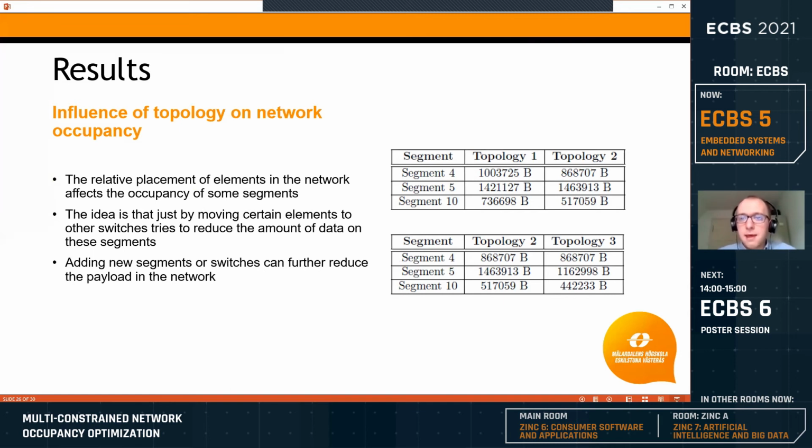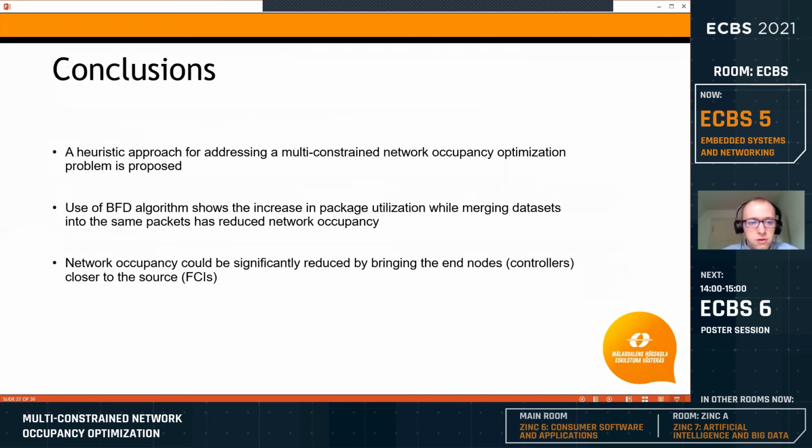We did it by moving controller nodes closer to the switch nodes, or rather, moving switches, controllers and nodes closer to the source node. But as source nodes are related to switches, that's actually moving them closer to the switches.